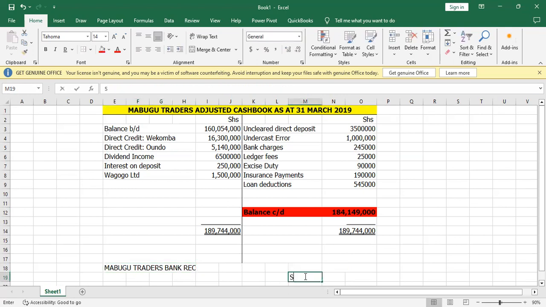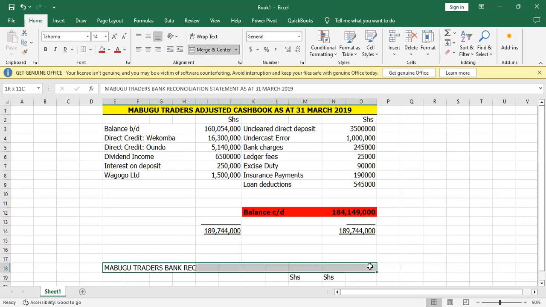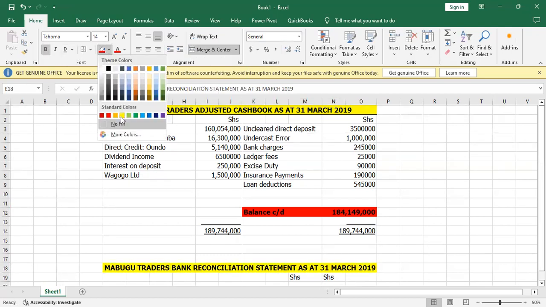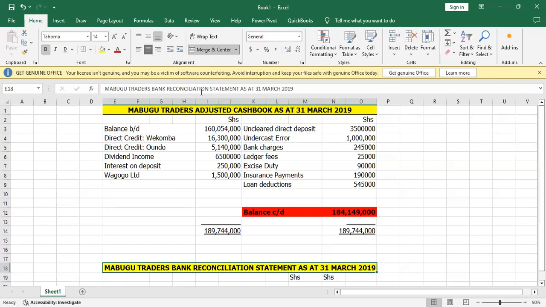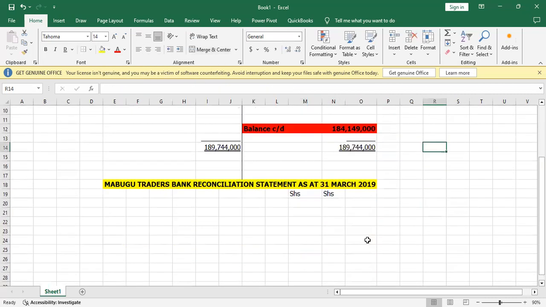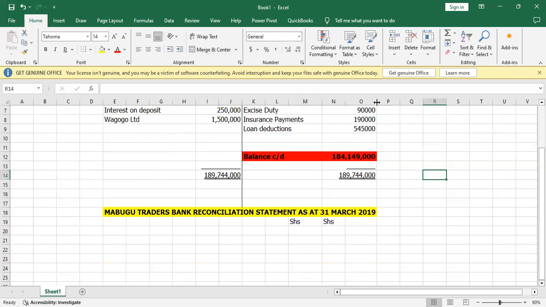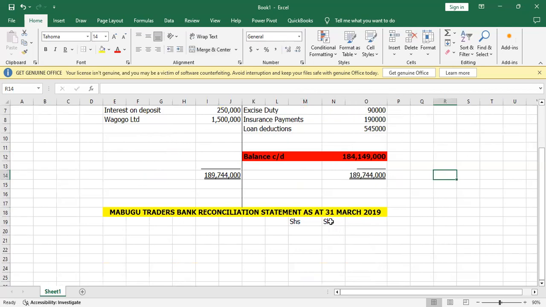I'll just need 2 columns for the amounts. Yeah, so now we are trying to come up with a bank reconciliation statement.